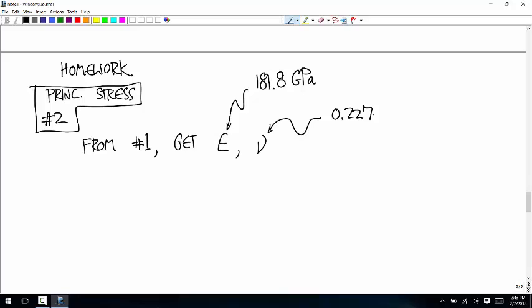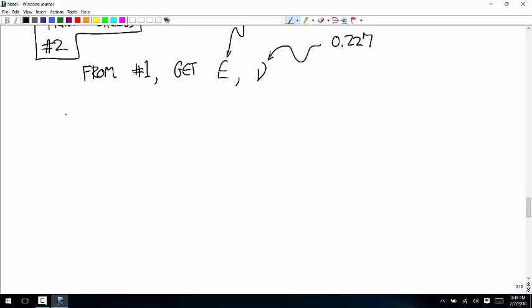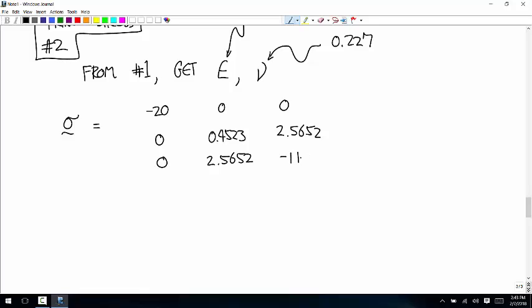Now we assume that the material that we tested in number 1 has this loading pattern: negative 20, 0, 0, 0.4523, 2.5652, 2.5652 there, negative 14.5477. And that's in megapascals.